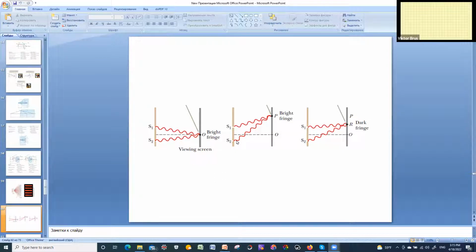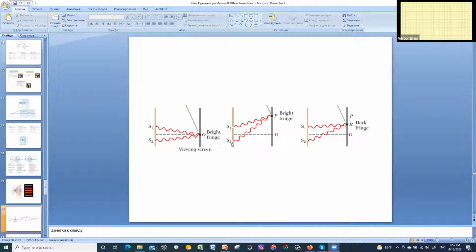And when we observe superposition of these two waves at some point, let's say some point P, we already see, but we will quantify it in more detail, that the path light has to travel from slit number 1 to this point will be different from the path it should travel from slit number 2.